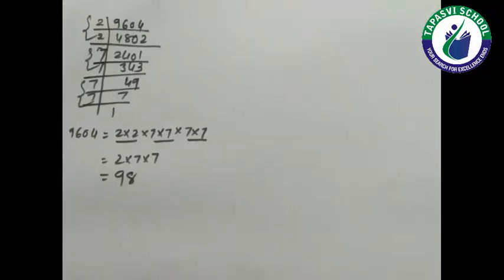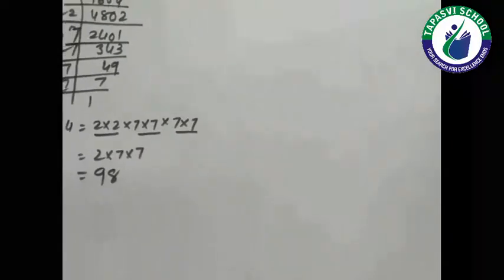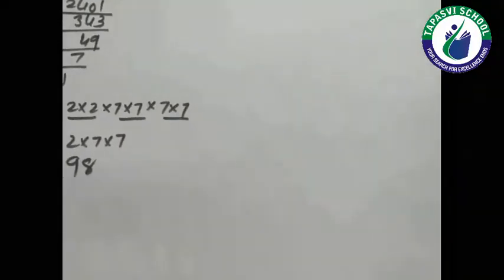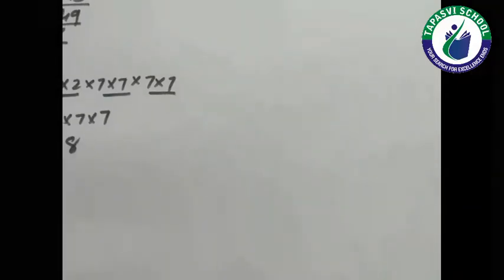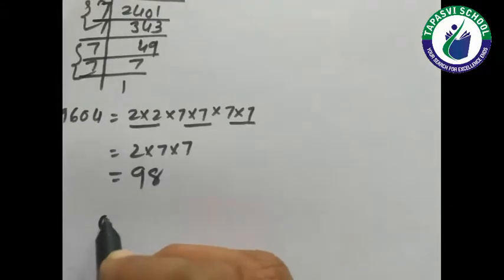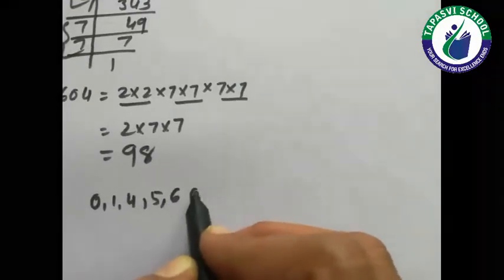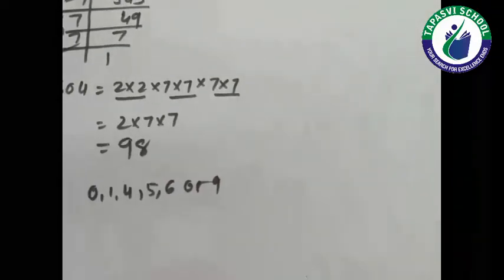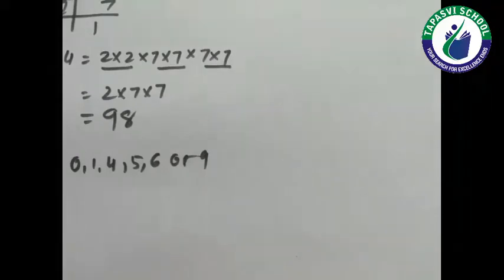I am repeating the same. Natural numbers means all positive numbers, 1, 2, 3, 4, 5 up to infinity. If its last digit is 0, 1, 4, 5, 6 or 9, then this number can be or cannot be a square number.